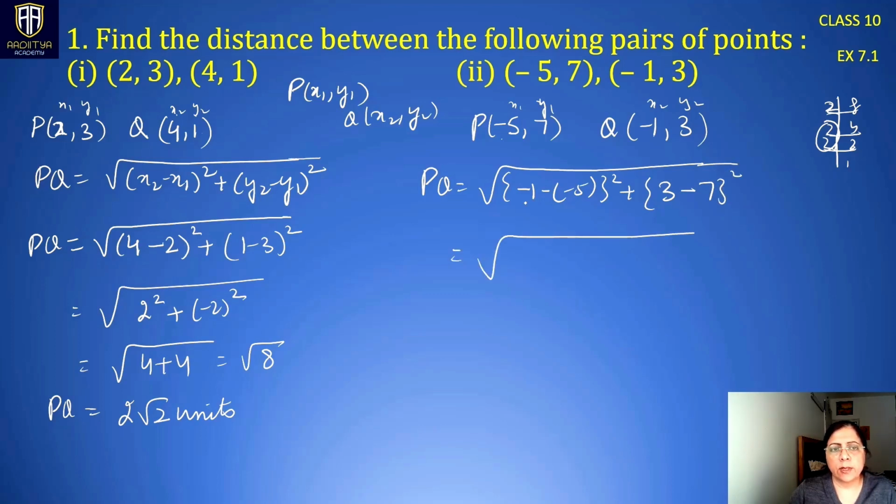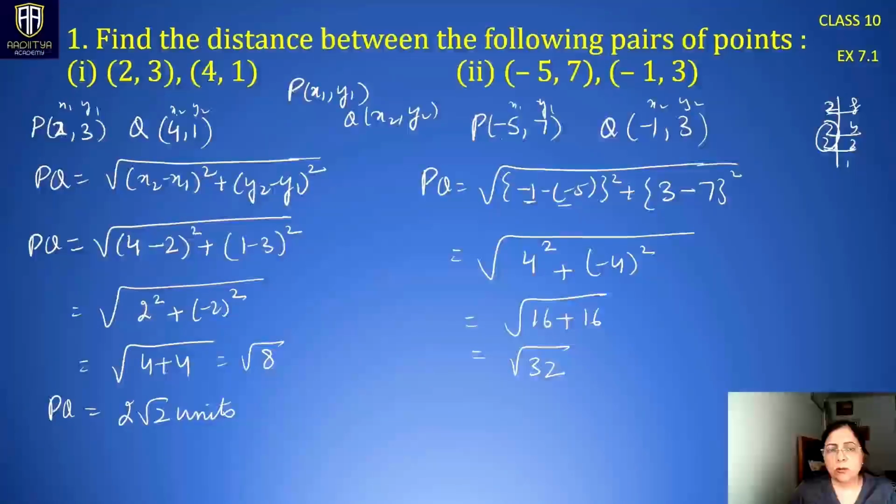So we have minus 1 plus 5, which is 4, whole square. 3 minus 7 is minus 4 whole square. So this becomes 16 plus 16, that is root 32.